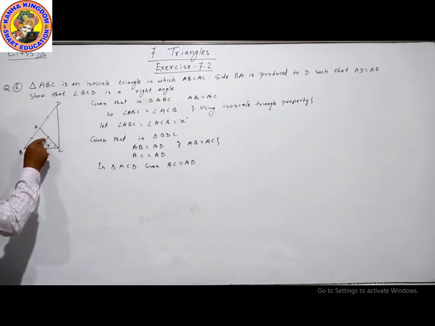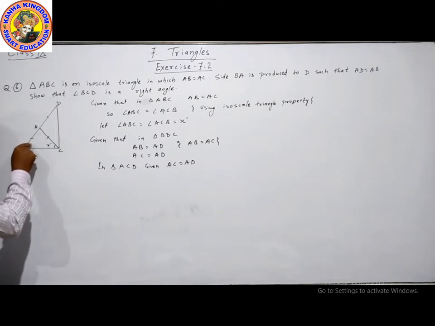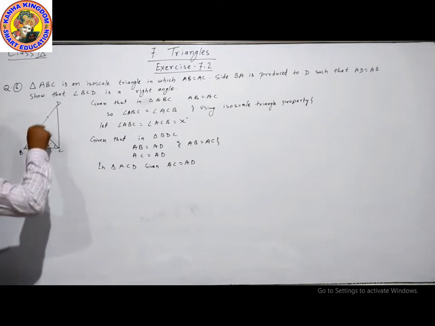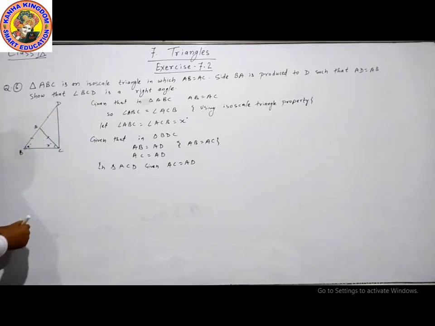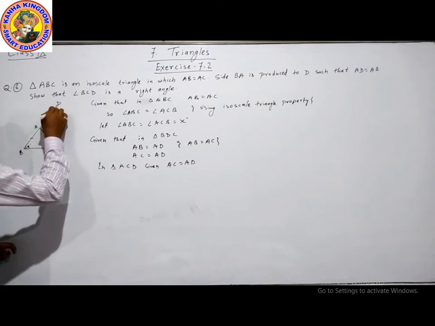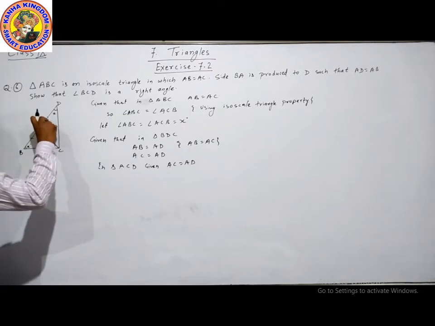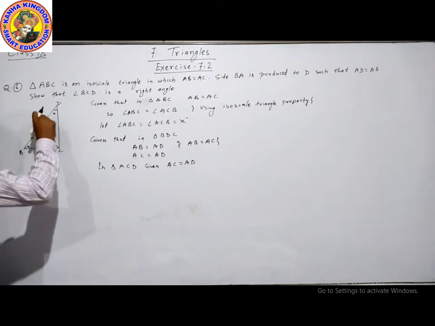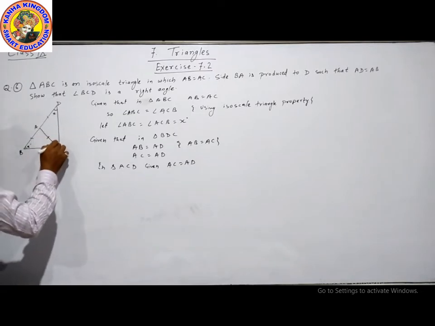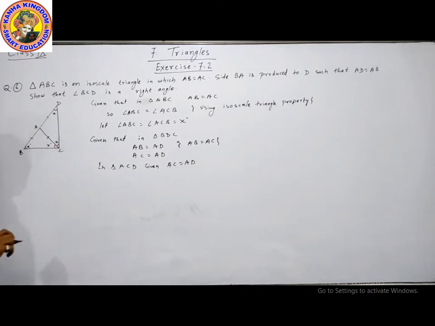This side is making an angle of x degrees, so this side is also making an angle of x degrees. These two sides are equal, so the angle opposite to this is equal.